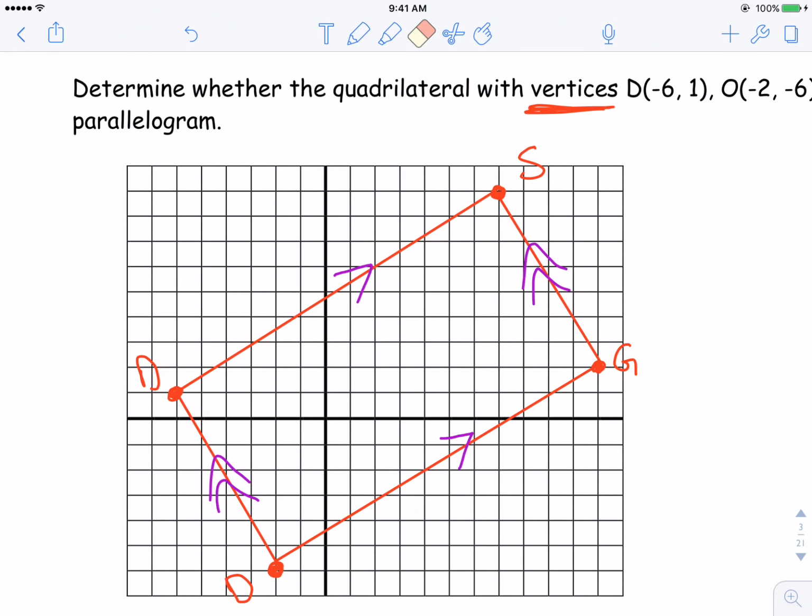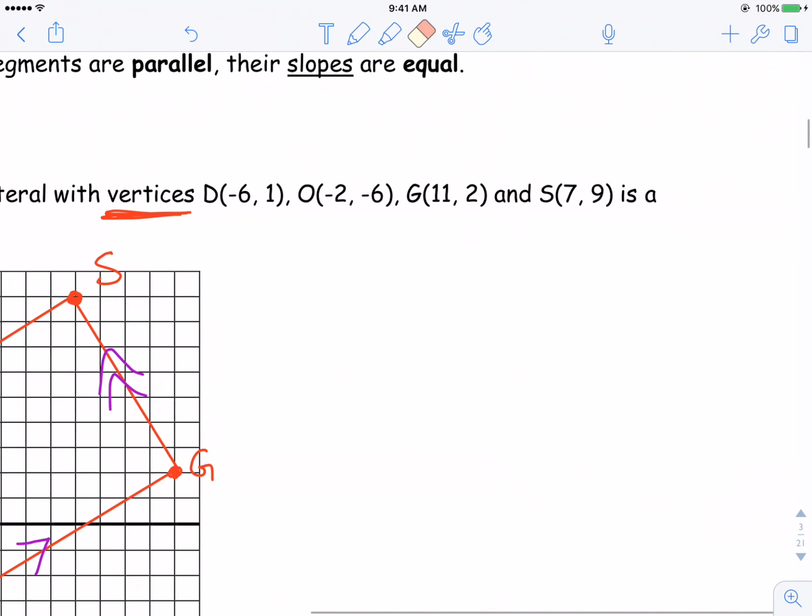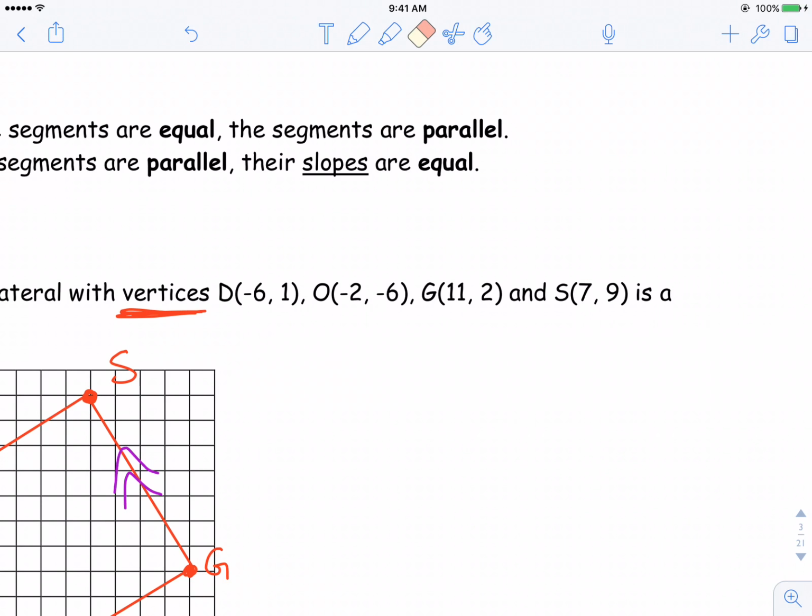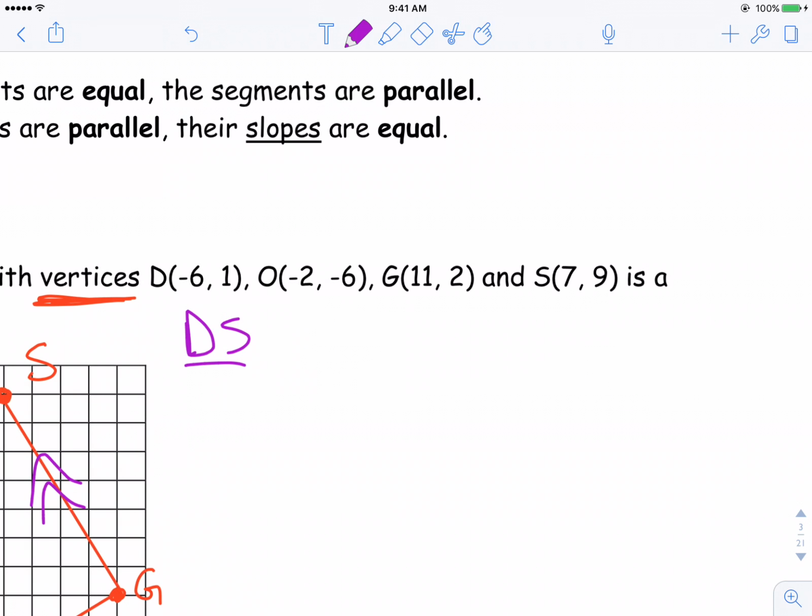So now we have to go back here and we calculate the slopes. DS. So now we're going to calculate slope between D and S. Go to our formula, y2 minus y1 over x2 minus x1. I'll write the formula down here for the first one. You should always be in the habit of writing the formula down anyway, so that you can follow your work properly.